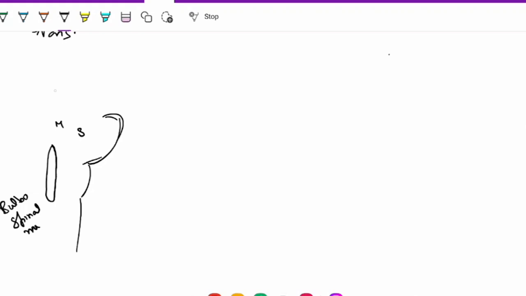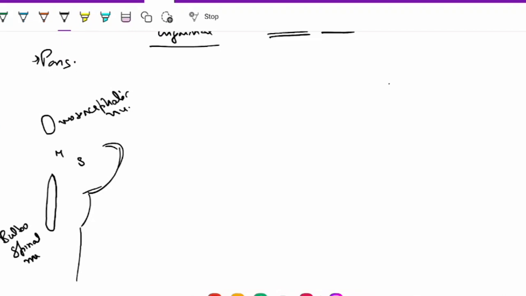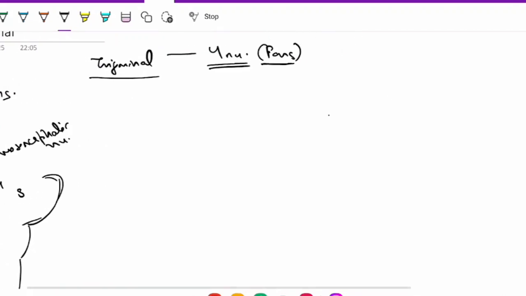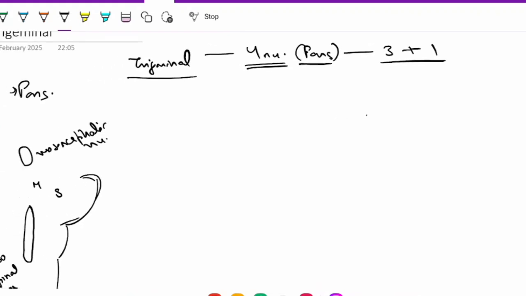Bulbospinal nucleus, and superior to these three is another nucleus known as mesencephalic nucleus. So these are the four nucleuses which we have discussed over here, which constitute your trigeminal nerve.